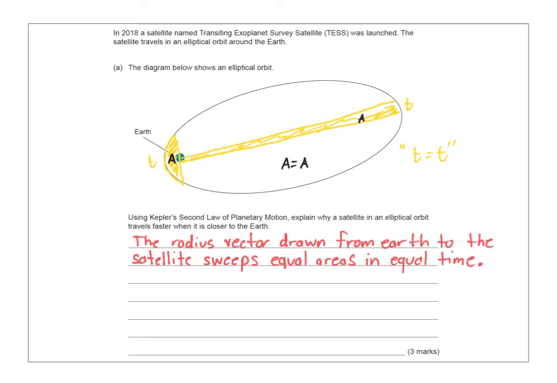So we can see that the satellite travels much further in a set time interval when it's closer to Earth than when it's further away. Therefore, the velocity must be much greater when it's nearer the Earth, which is what it's asking us to say.